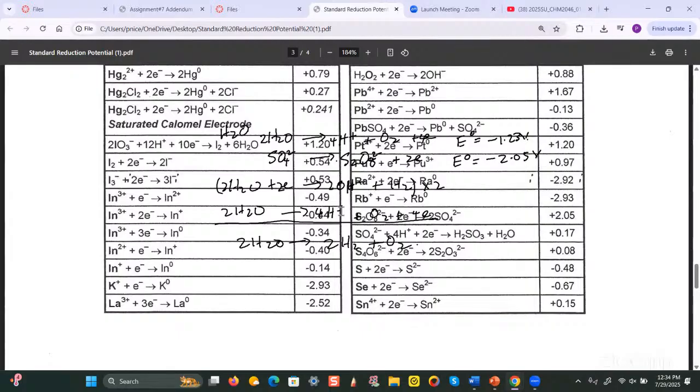So if the sign was positive, you put negative, and vice versa. And if it's looking for which chemical will be more likely to be reduced, then you just use the equation straight from the table, because these are all reduction half reactions, where the electrons are on the left side of the equation. Yeah. Right, exactly. All right.